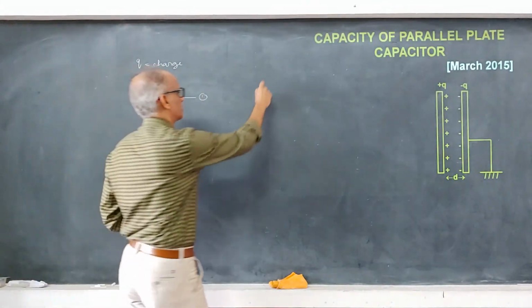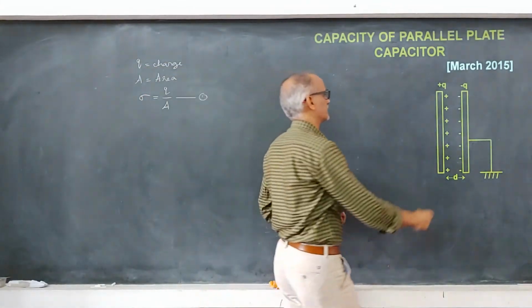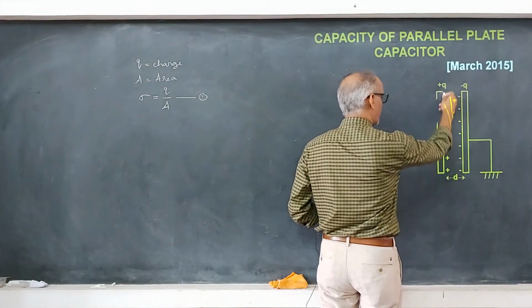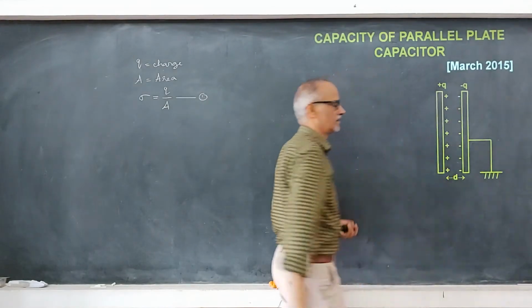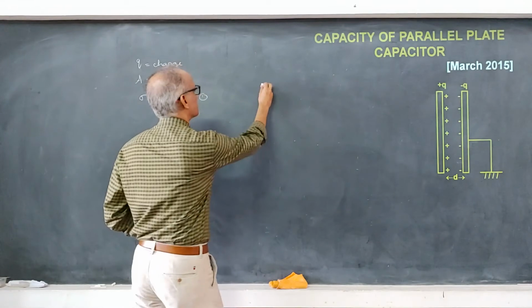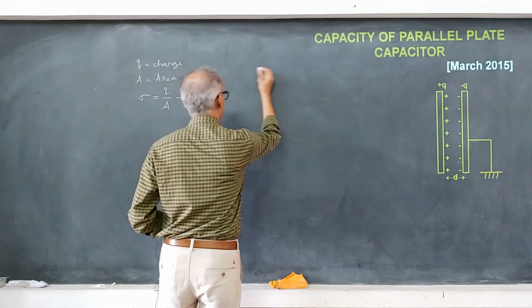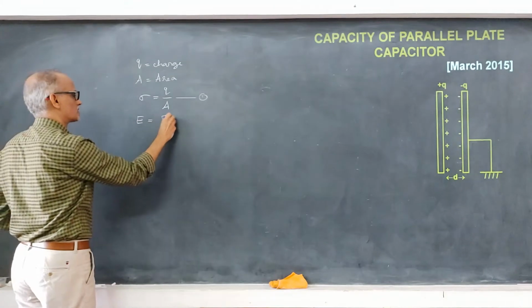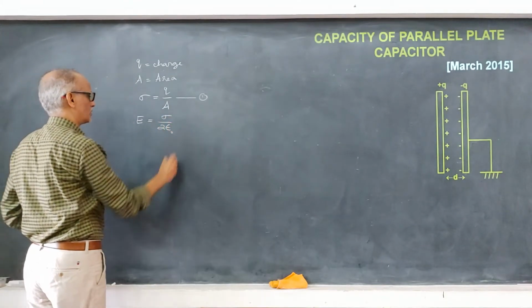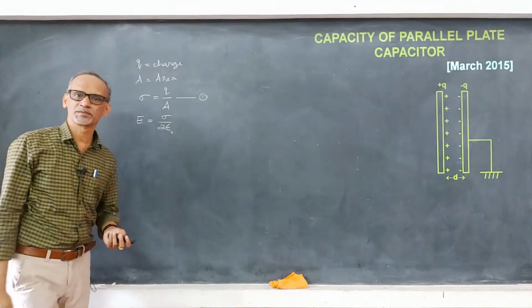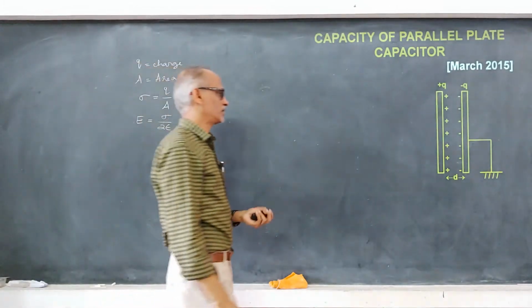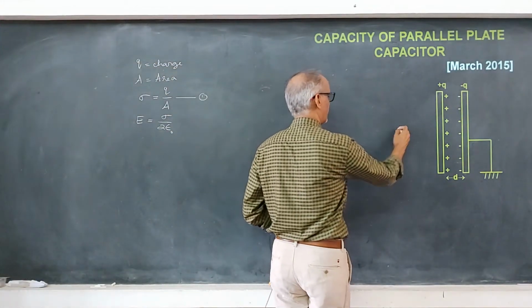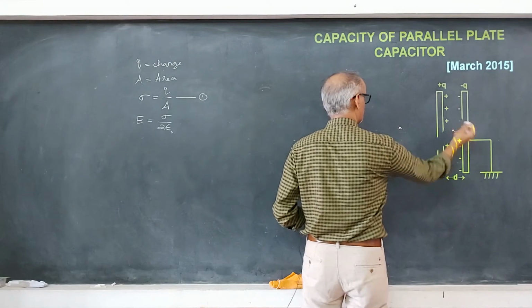And when you consider two plates like this, every plate produces an electric field which is given by E is equal to sigma by 2 epsilon naught. Now this is the electric field produced by each plate. So I'm going to take a point outside and then a point inside.